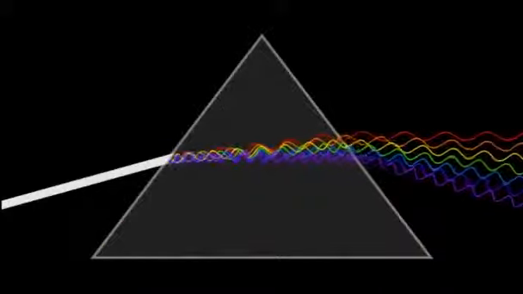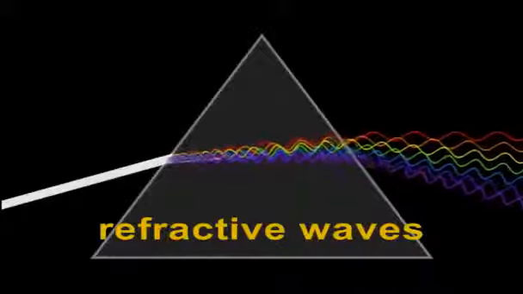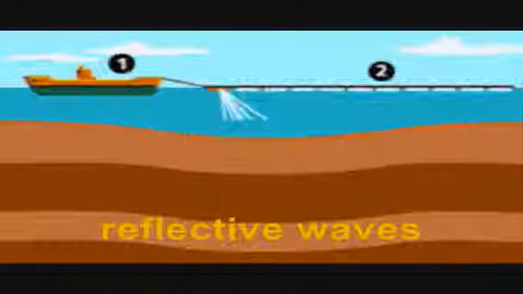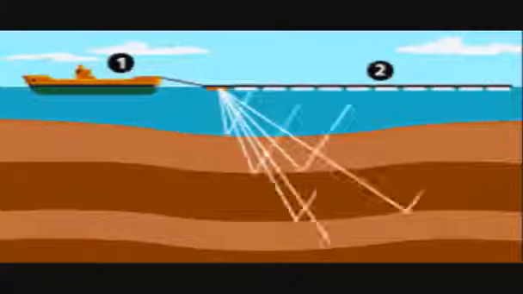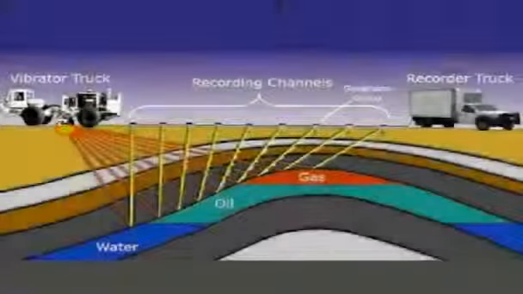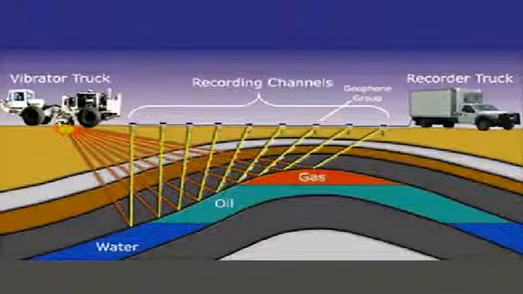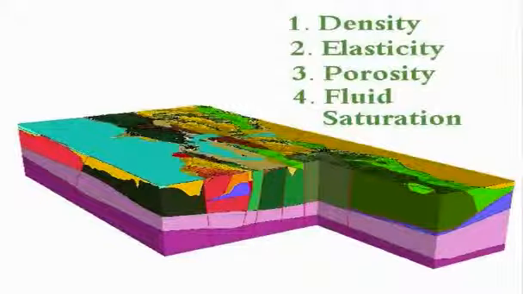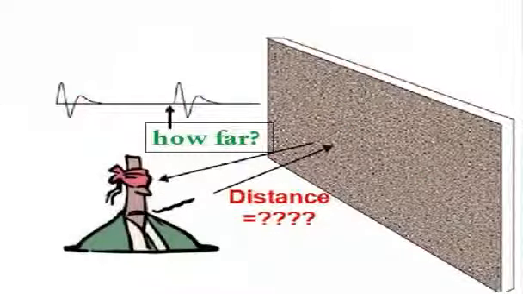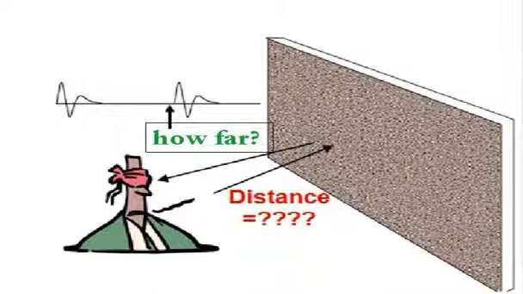When we create waves, we create refractive waves that continue on and reflective waves that after hitting a boundary bounce back. Both of these types of waves are used to help determine the properties of rock like density, elasticity, porosity, and saturation. Now going back to the blindfolded geoscientist, he still needs to know how far away the wall is.